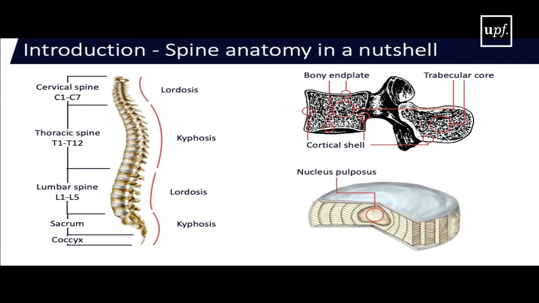The disc itself has these two very important parts, the nucleus pulposus, which is a jelly-like component, especially in healthy condition, and the annulus fibrosus composed of multiple layers of fibrous tissues. And also the cartilaginous end plate. From the biomechanical and also from the biological point of view, the cartilaginous end plate is part of the disc.